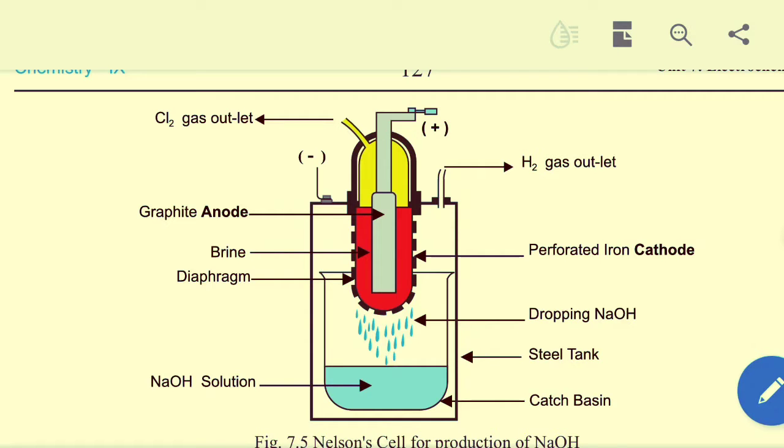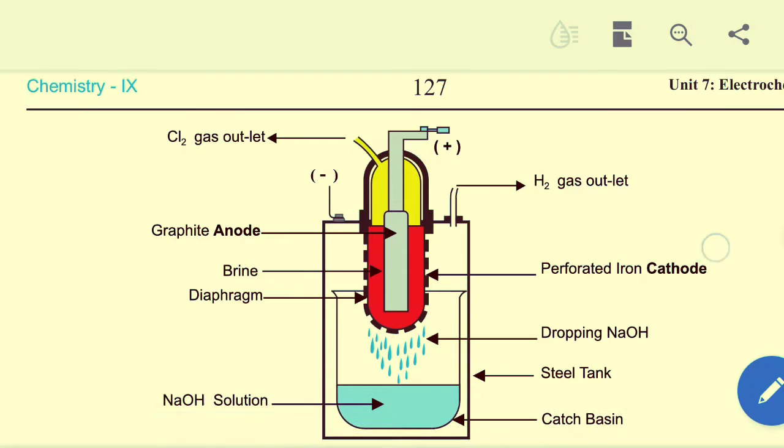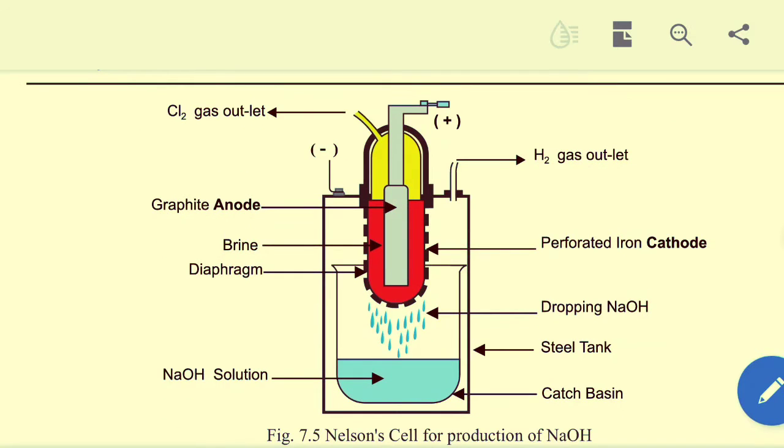Inside there is a beaker, and inside the beaker there is a U-shaped structure, and the brine is inside the U-shaped structure with a perforated iron cathode.